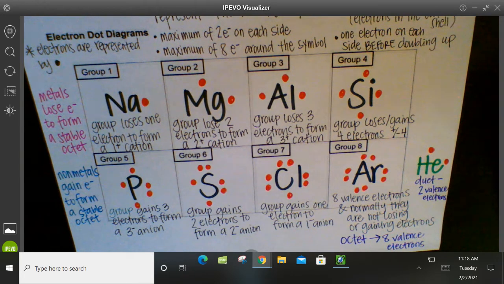If I give you fluorine, if I give you iodine, it doesn't matter what I give you. If it's from group 7, it already has 7 valence electrons, and when it's forming an ionic bond, it is going to gain 1 more electron to become a 1 negative anion. All right. If you have any further questions, just let me know.